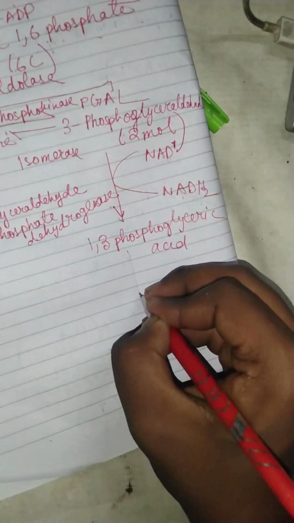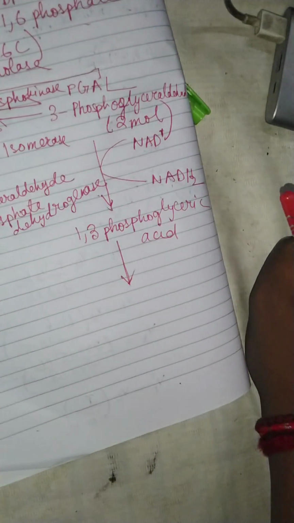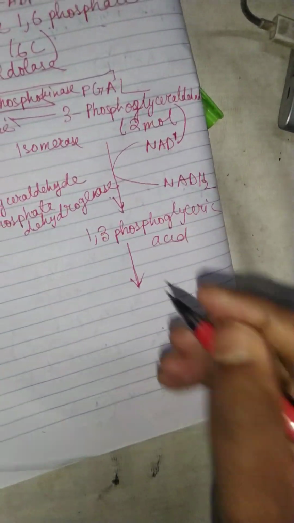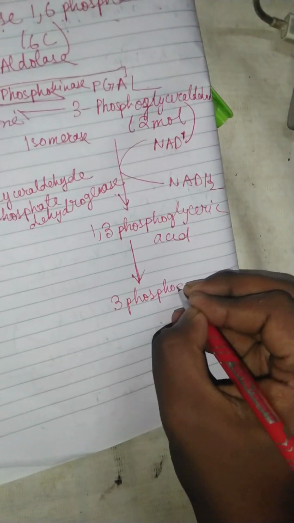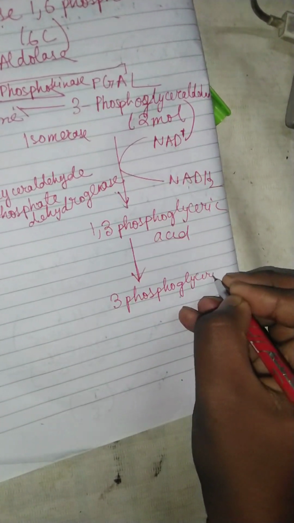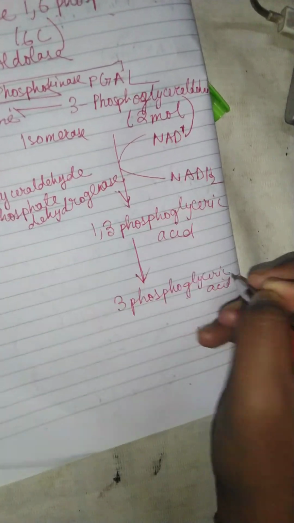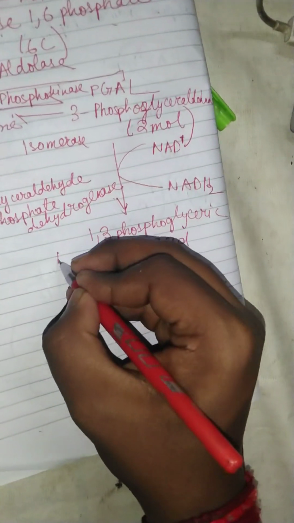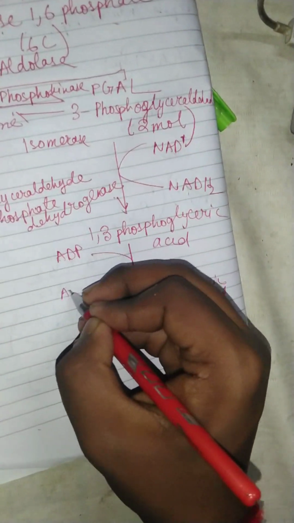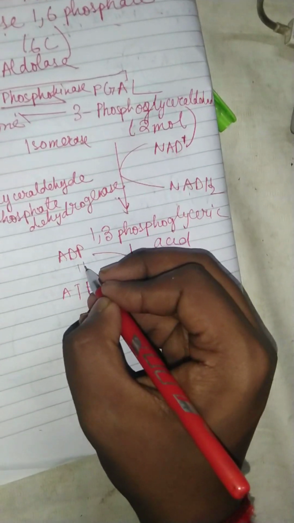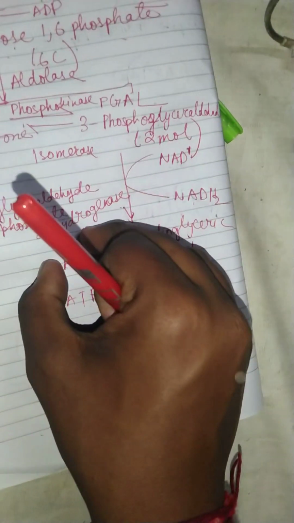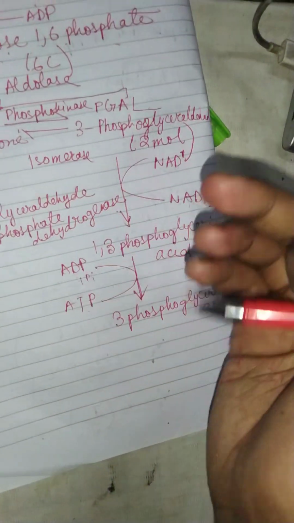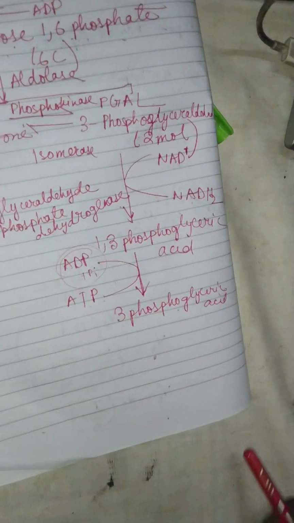Now we will see there's a decrease in the number of phosphates. It will form 3-phosphoglyceric acid. Now this time ADP will convert to ATP. Why? ADP plus phosphate gives ATP, so we are taking one phosphate from here and adding it to ADP to form ATP.